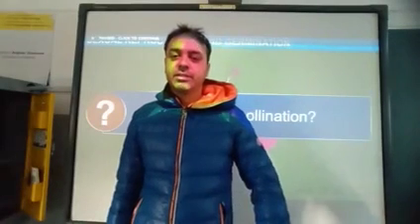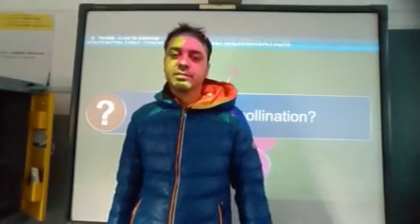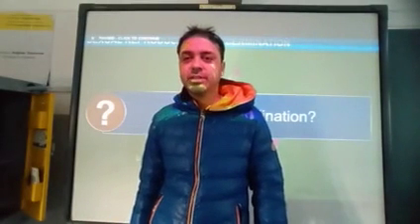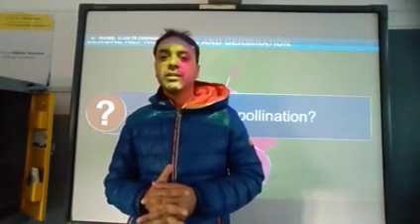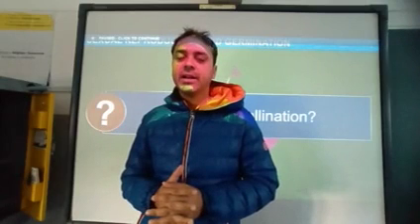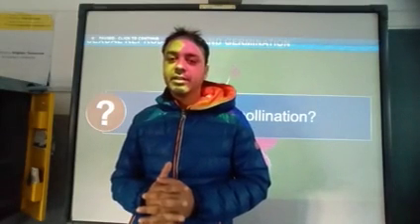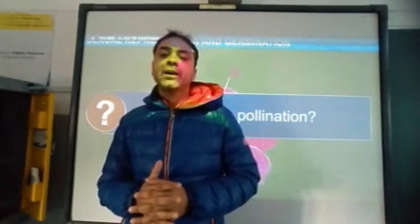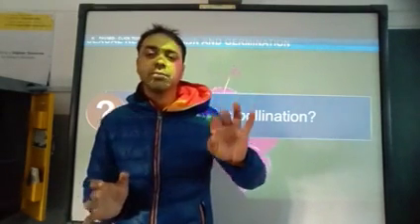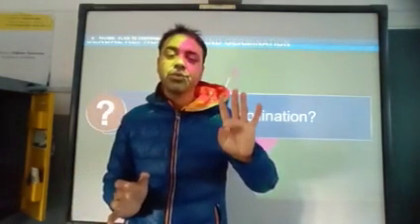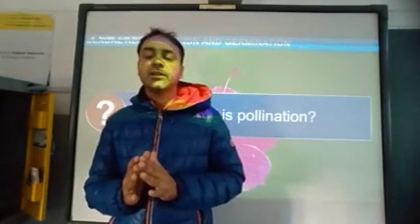Morning students, in the continuation of your class 10th biology, last video we discussed the reproductive structure of plants, that is the flower. In that part we discussed that in this flower there are four whorls. Four whorls means there are two essential and two non-essential parts of the flower.